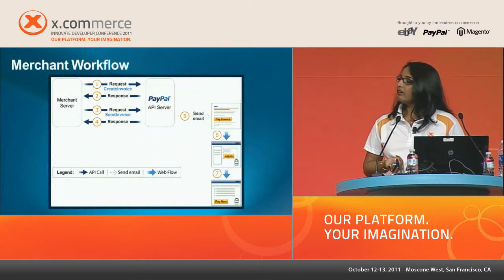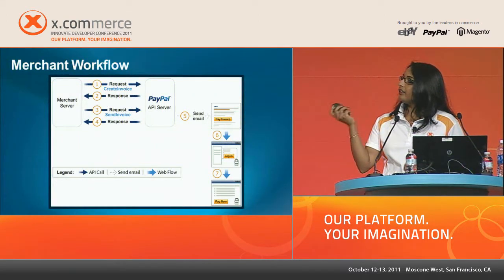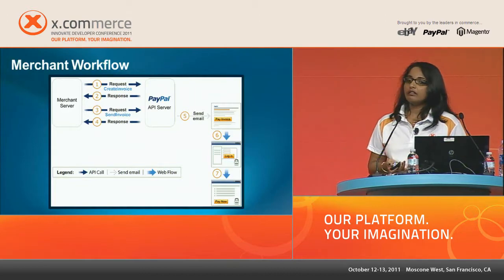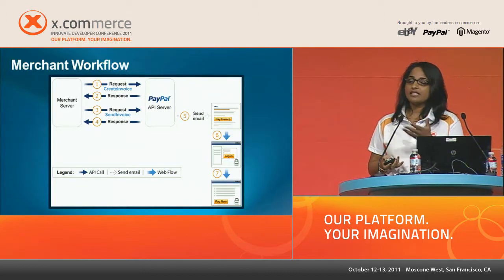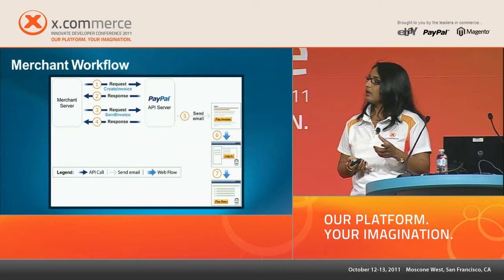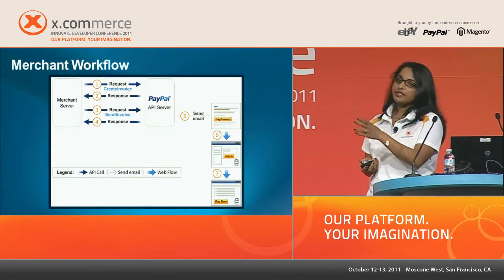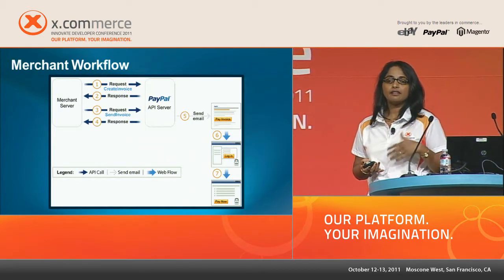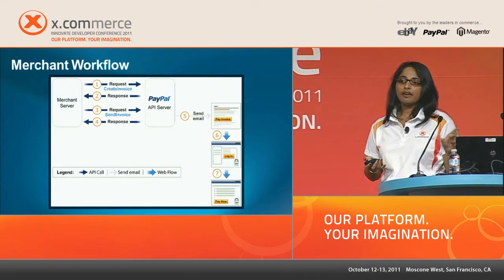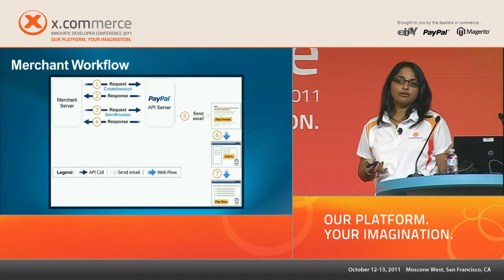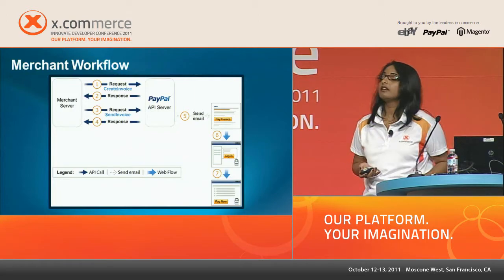Here's a workflow. The merchant server calls create invoice, in this case, just to create the invoice on PayPal's system. The response is received, and we send back an invoice ID and a URL that you can use to actually view the invoice.